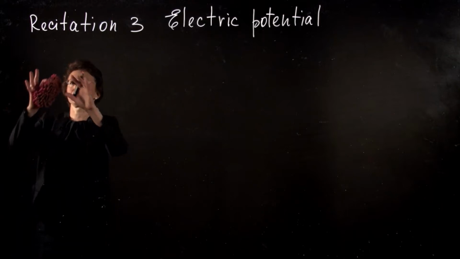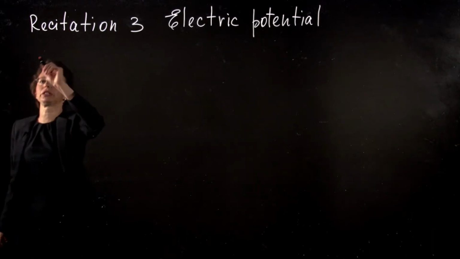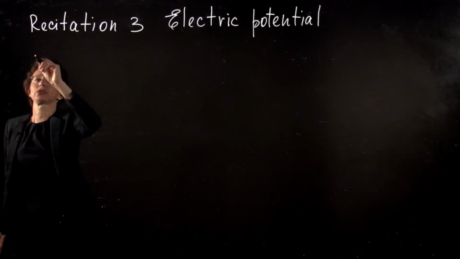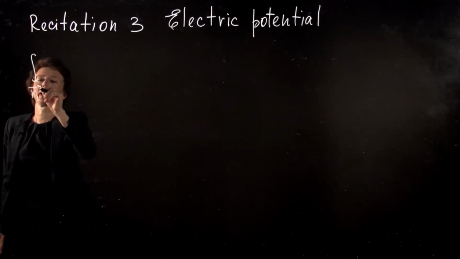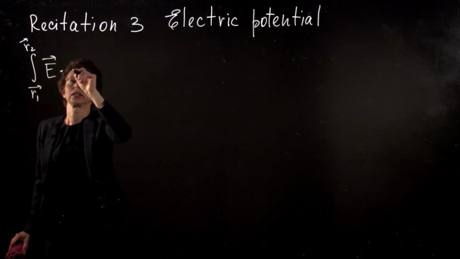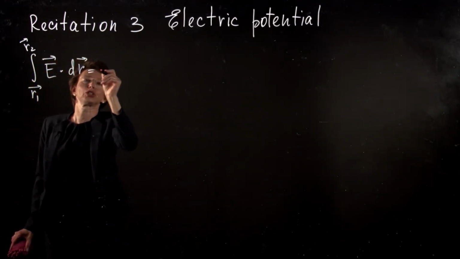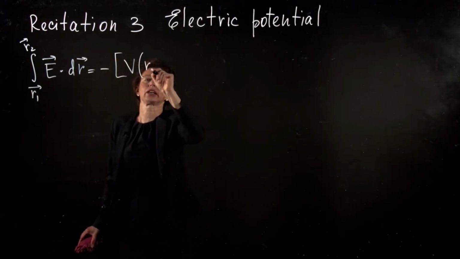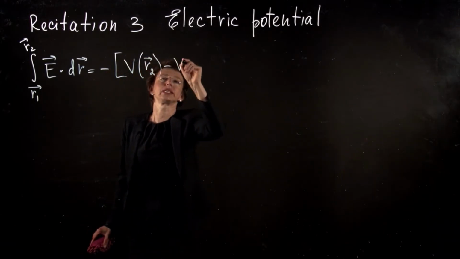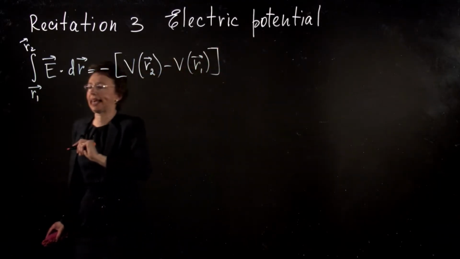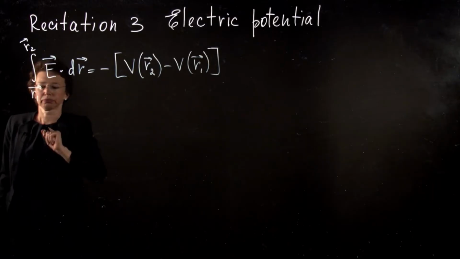So now I will summarize the formulas that we will need to solve problems on electric potential. What are these formulas? The integral from R1 to R2 of E dot dr is equal to minus the difference in electric potential, V at R2 minus V at R1. I remind you that electric potential is a scalar. We need more formulas.